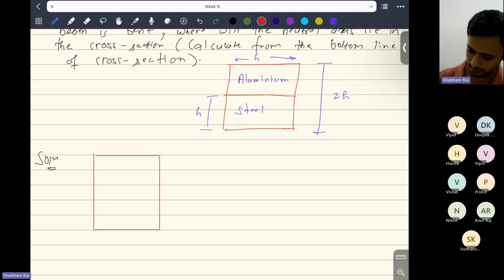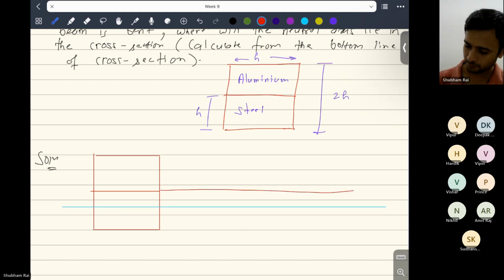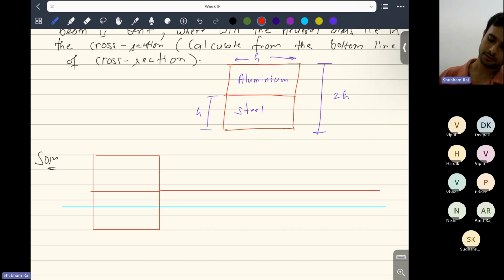Let's say this is the center, and let's say the neutral axis is located somewhere here, and the center is located here only.